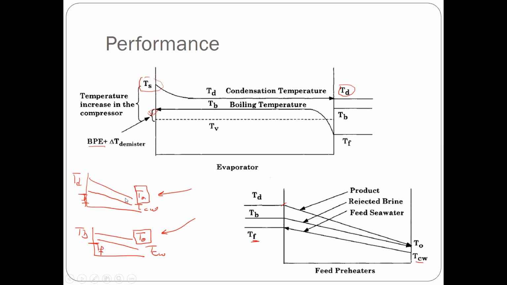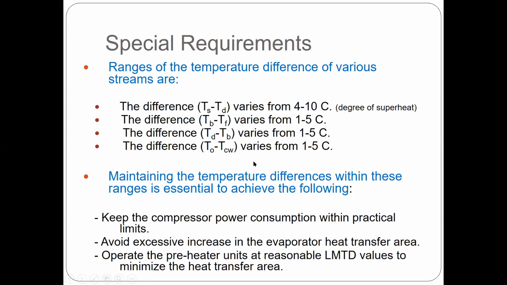So what you do is you make a compromise, a balance between the size of the heat exchangers and the temperature of the feed, so that it would be less than the saturation temperature by 1 to 5 degrees centigrade. 5 was typically what we used in the previous system, in the single effect evaporation and single effect evaporation with vapor compression. The difference between TD and TB, again, is somewhere between 1 to 5 degrees centigrade.